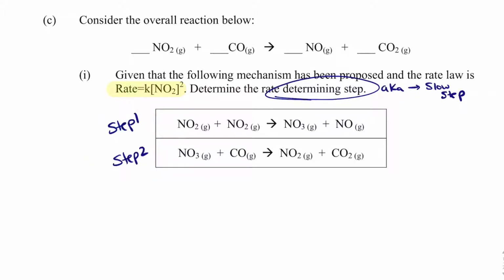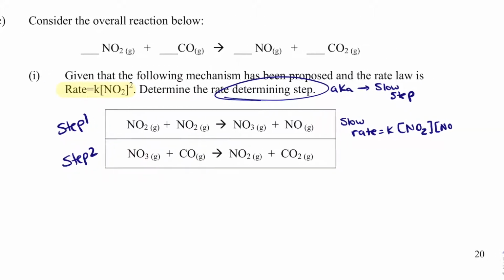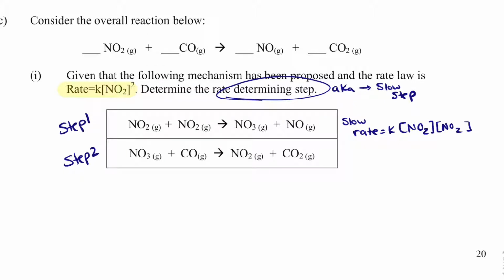Okay, and if I called step 1 the slow step, that would be rate is equal to K NO2 NO2. And yeah, that actually looks okay because I could simplify this and say rate is equal to K NO2 squared.